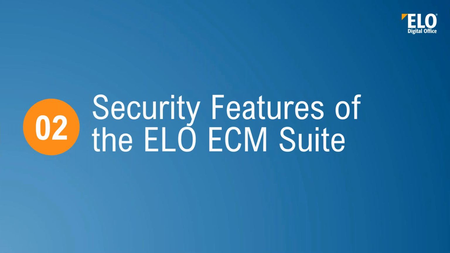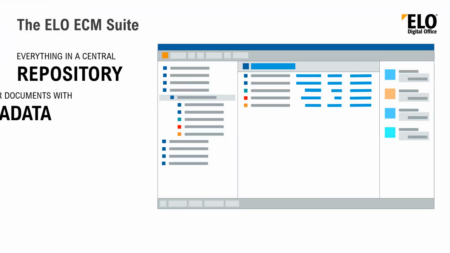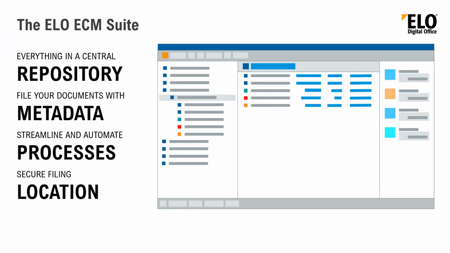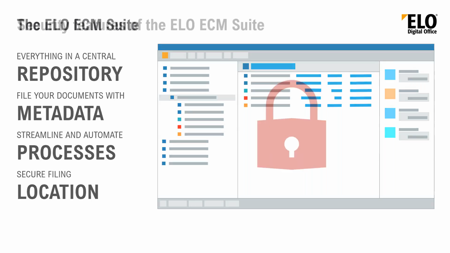So the ELO ECM suite is an enterprise content management. You have everything in a central repository. You can file your documents with metadata. You can streamline and automate processes, and it's a secure filing location. So all those features are just enterprise content management features, but there are some security features available as well.